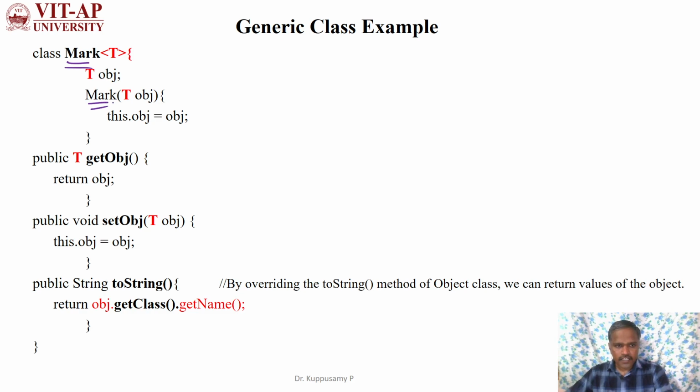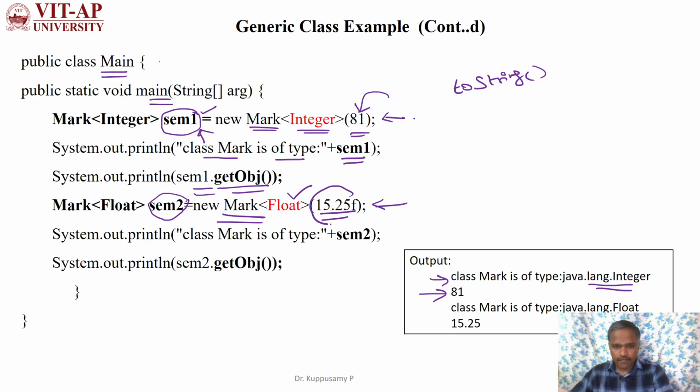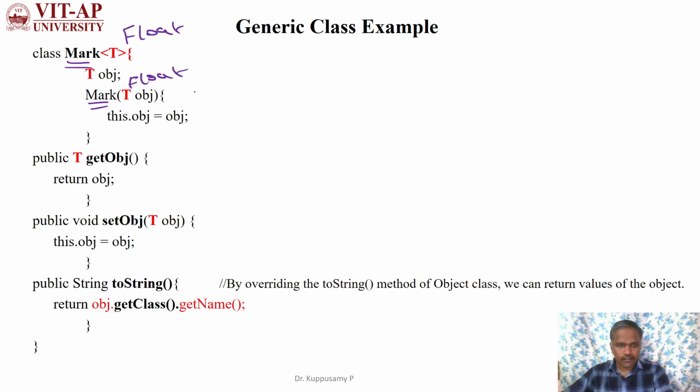The constructor is now receiving the data type as Float, and the object value we are passing is 15.25f. This 15.25f is passed as a value and assigned to this variable.